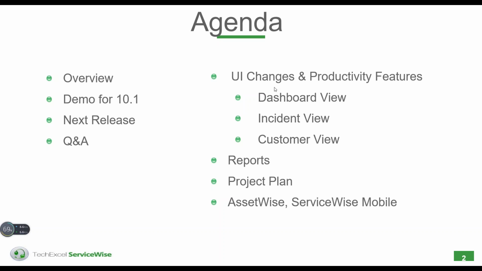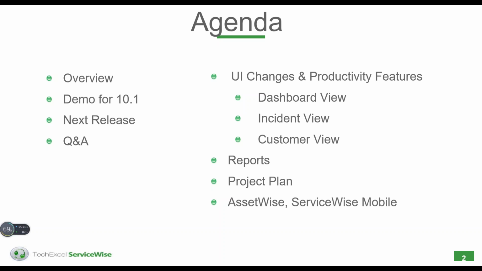So the highlights here, we're going to cover the UI changes and features in dashboard, incident view, and customer view. And then we're going to also talk about the new reports and how to set up multiple report views. And then we'll give you a tour of the new HTML5 project plan view.